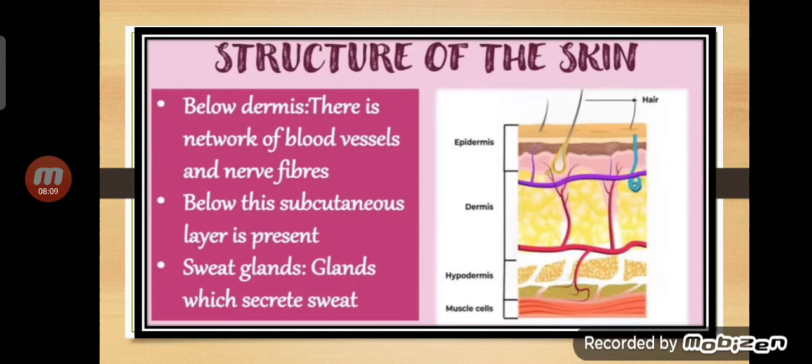Also below this network there is a layer called the subcutaneous layer, which maintains the body temperature as we saw in the function. Whenever you walk or play in the sun, you always get tired, but at the same time your skin also becomes wet.